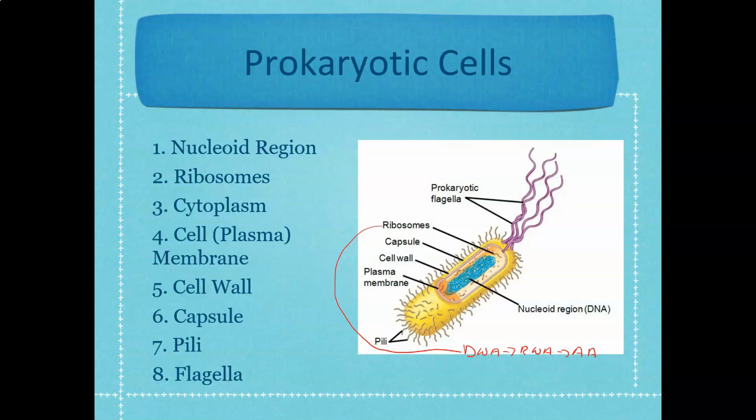Your cytoplasm, also going to be something we see in your eukaryotic cells as well, is just kind of the place to hold all of this stuff. It's kind of that internal space. It does sort of have a jelly-like consistency, mostly water and other dissolved molecules. They do have a cell or a plasma membrane that'll always be the most internal covering.